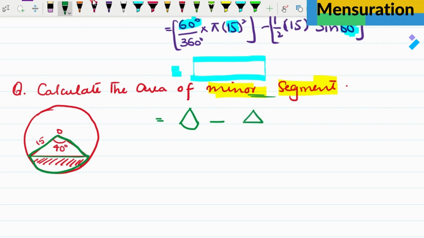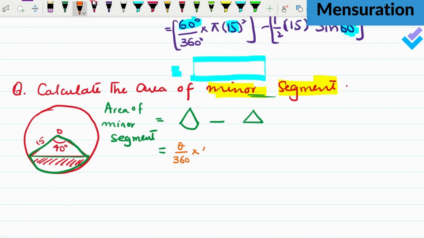So this is how we can calculate the area of the minor segment. Let's solve it now. That is too much interesting. The formula is, as we know, theta over 360 into pi r square. That is the area of the pizza slice, and we will subtract it from the triangle's area.